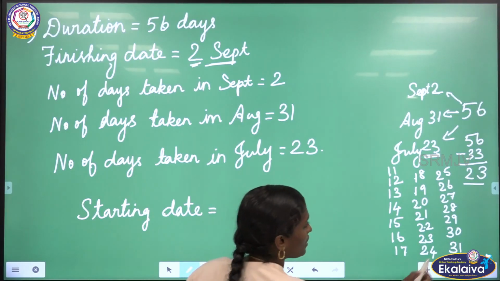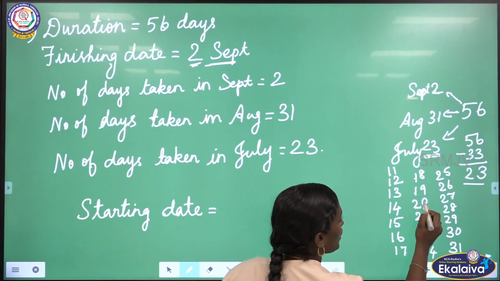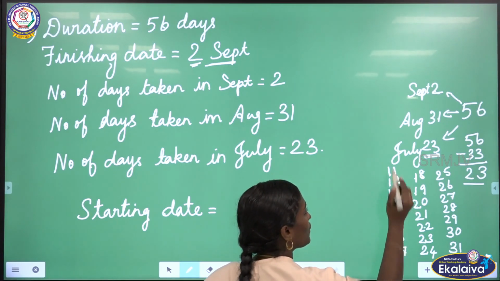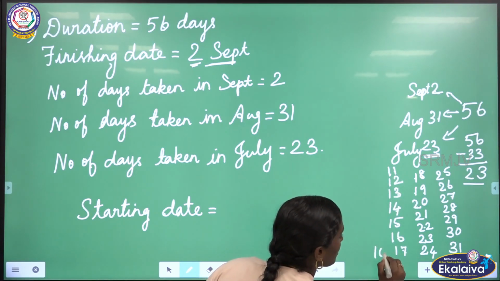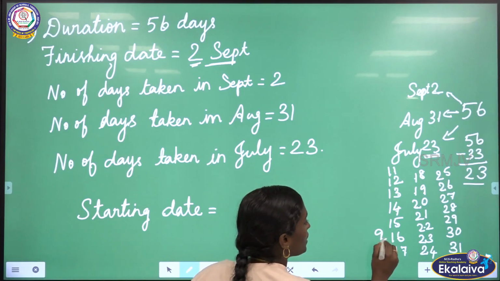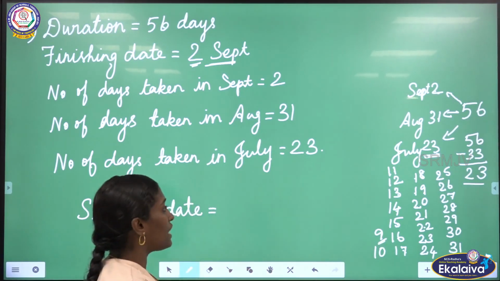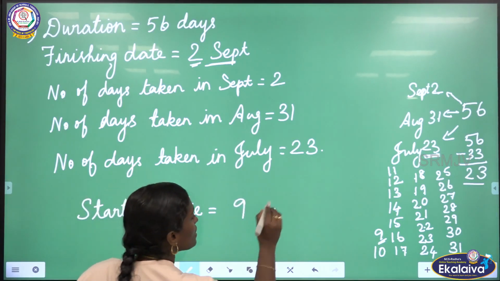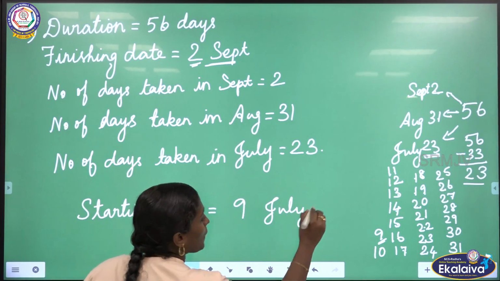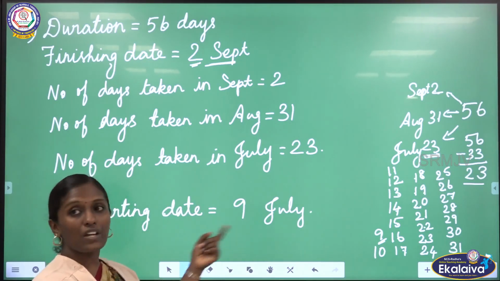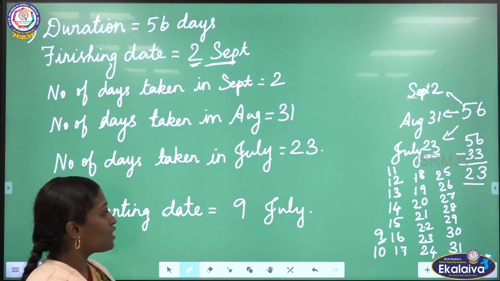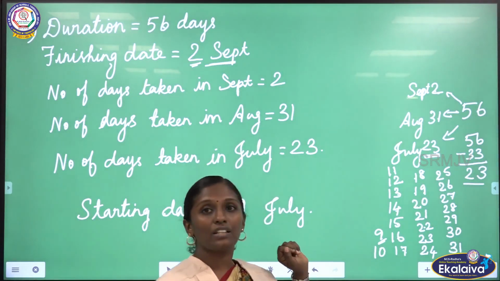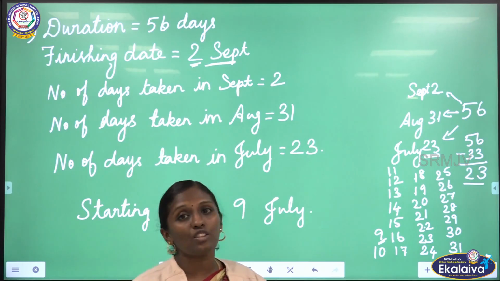So 23 days. Here up to this, 11, 12, 13, 14, 15, 16, 17, 18, 19, 20, 21, then 22, 23. This is the 23rd day, that is 9th July. So the starting date is 9th July. By counting backward, we are finding the starting date. So from 31 we are counting backwards, then we are getting the 23rd day is 9th July.